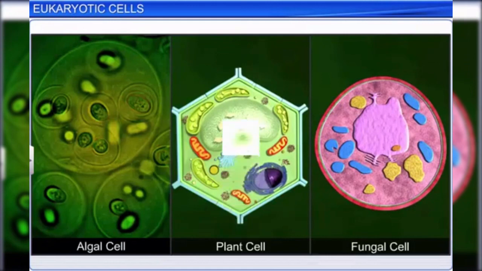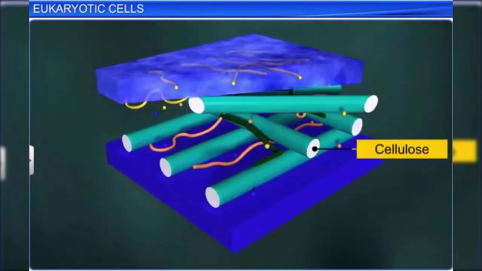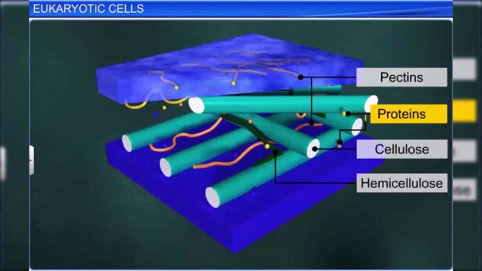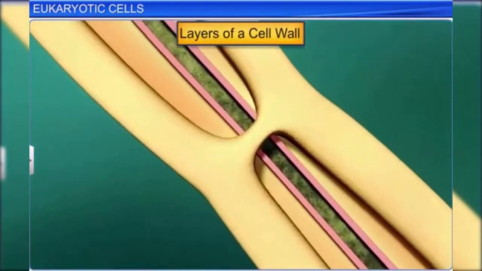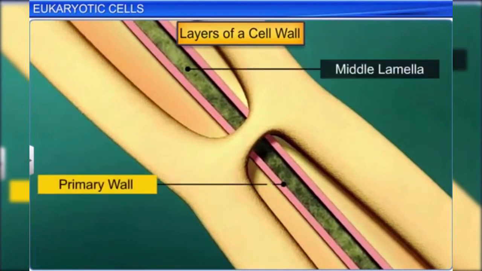On the other hand, a plant cell wall is made up of cellulose, hemicellulose, pectins, and proteins, and consists of 3 layers: the middle lamella, primary wall, and secondary wall.